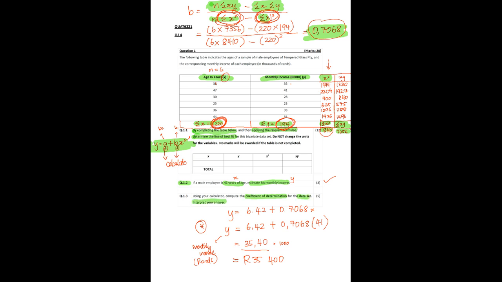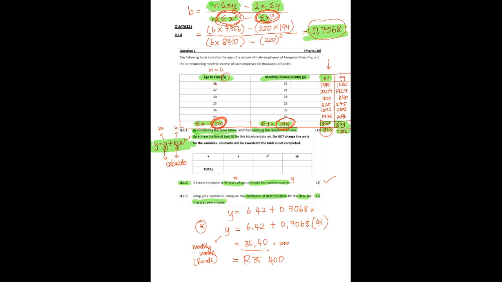So here you're going to see that for your coefficient of determination on your calculator, you need to start off by calculating the correlation coefficient first. Again, I'm just going to remove this from the bottom so I have some space to work here.